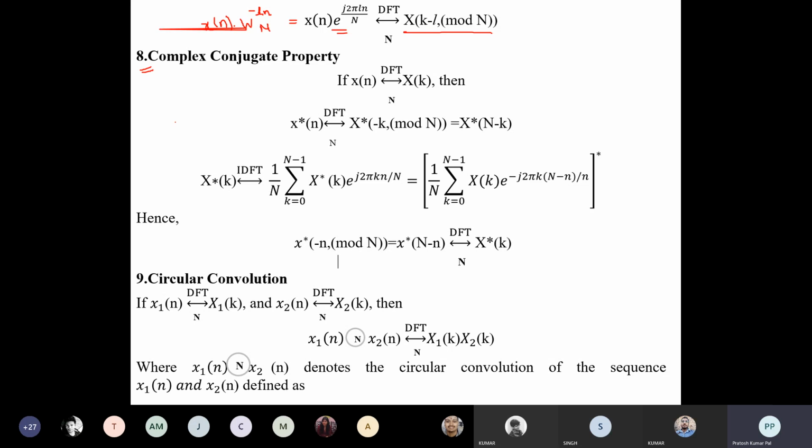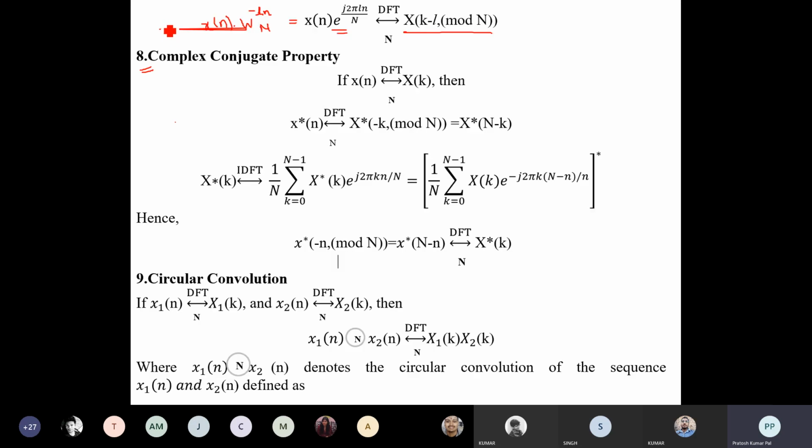So complex conjugate property we will see here, and that will be in simplified form. So कोई भी input signal है, that is this is called circular symmetry property. So symmetry property, or we call it complex conjugate property.